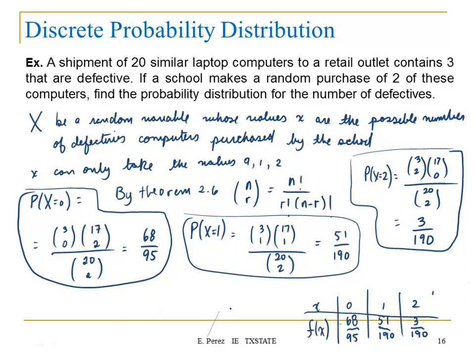And this is our probability distribution. So the probability for getting 0 will be this one, the probability of getting 1 will be this one, and the probability of getting 2 is this one.